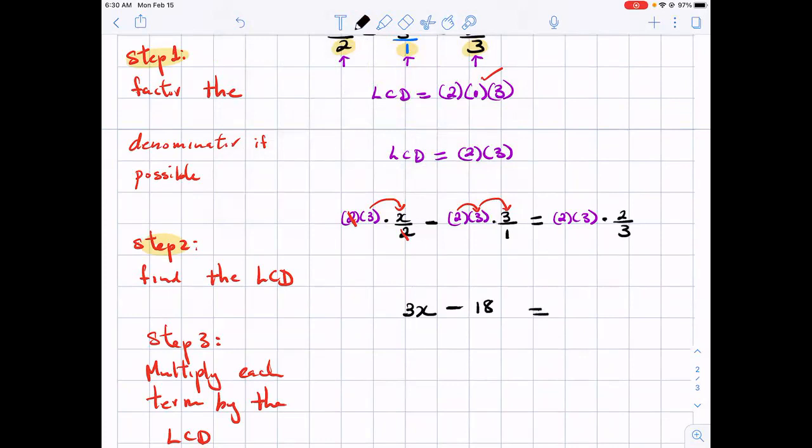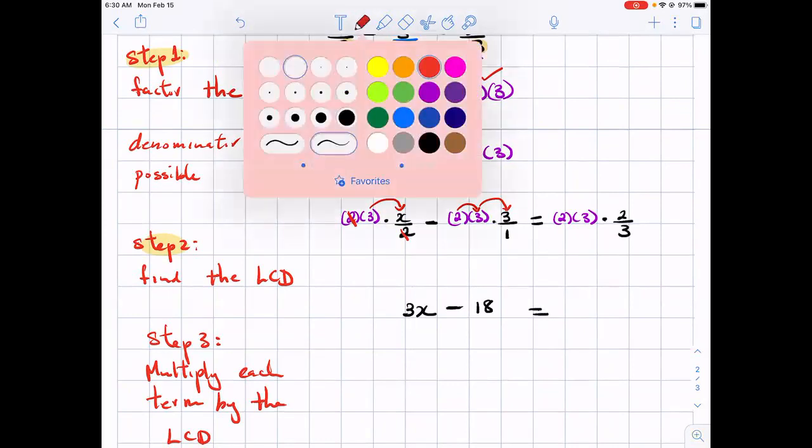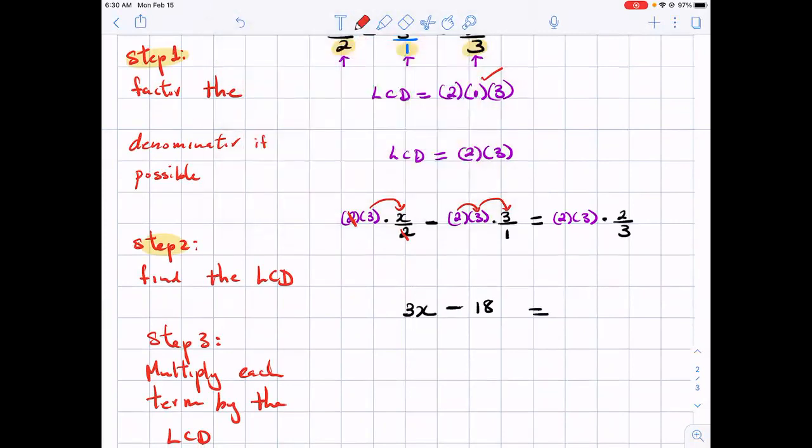And that's equal to, if we look at the side on the right, this 3 will cancel with that 3. So we're left with 2 times 2, which is equal to 4.